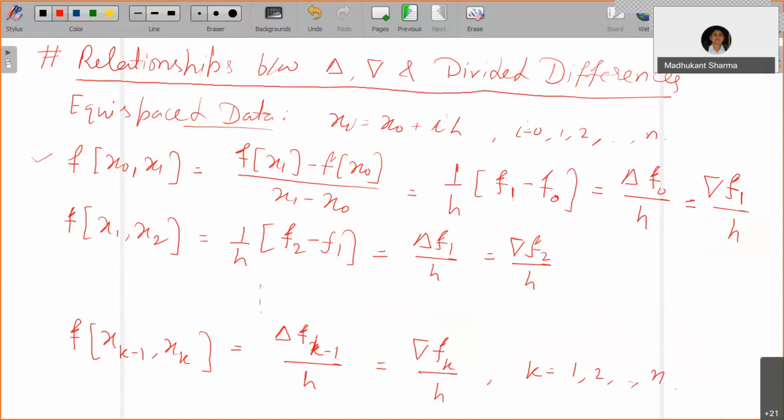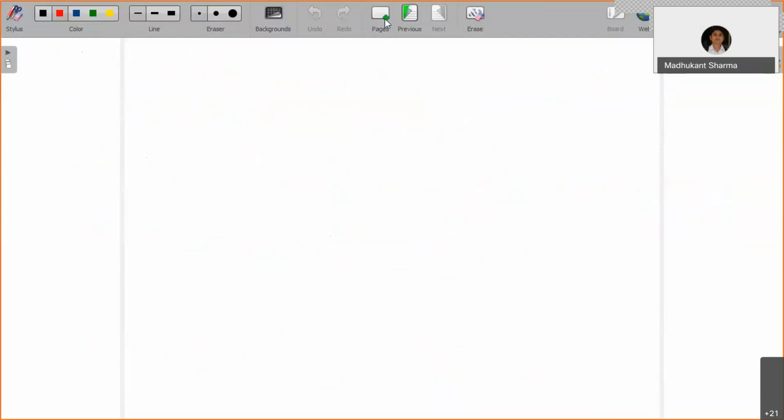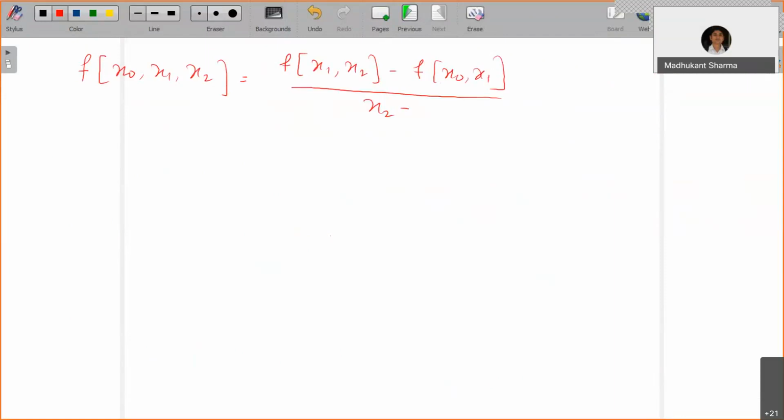Similarly, the second column is the second divided difference. f of x0 comma x1 comma x2 is equal to f of x1 comma x2 minus f of x0 comma x1 divided by x2 minus x0. What is x2 minus x0? It is 2h. We wish to first write in the forward difference operator only.